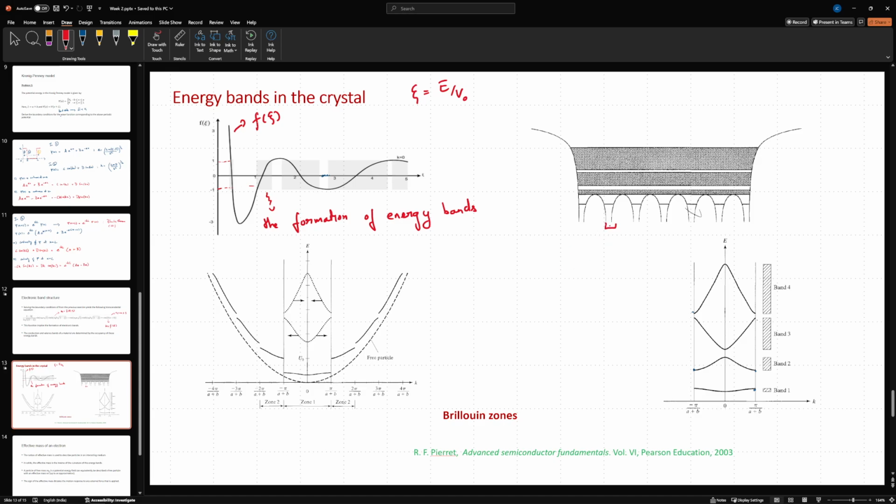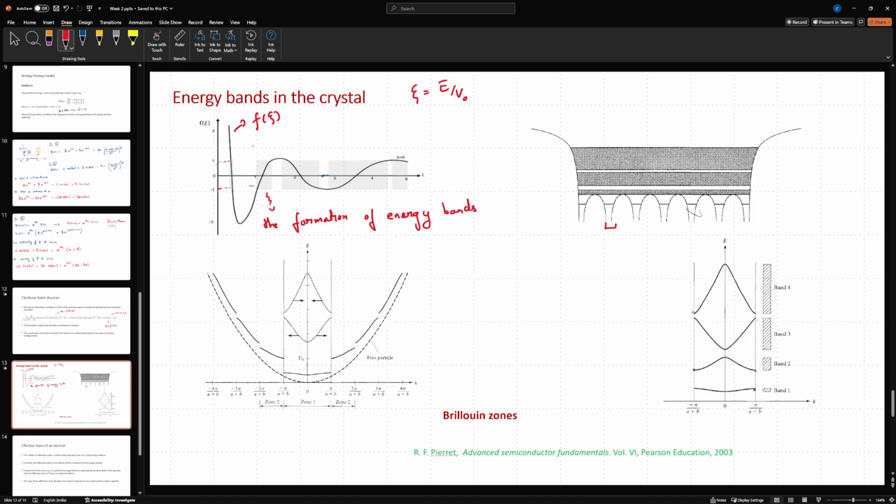So this is the 1 by mod r scalar potential, which only depends on the distance between the electron and the nucleus of the atom. And these bigger slopes here represent that the crystal is kind of bounded. So for any finite crystal, we shall have a potential of this form.